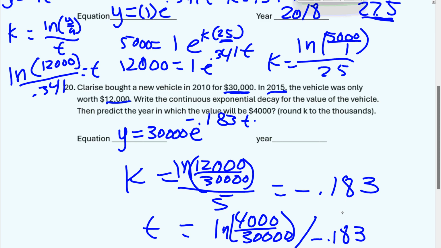So ln, I'm going to take 4,000 over 30,000, divided by my k, negative 0.183. And in about 11 years, so 11 years past 2010 is 2021. So 2021.